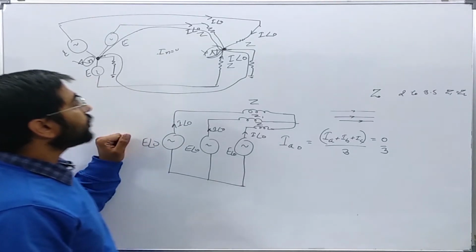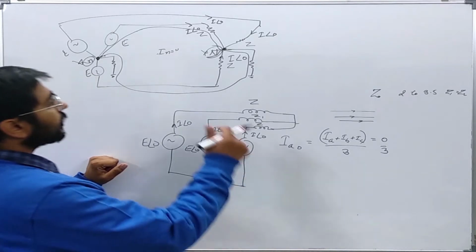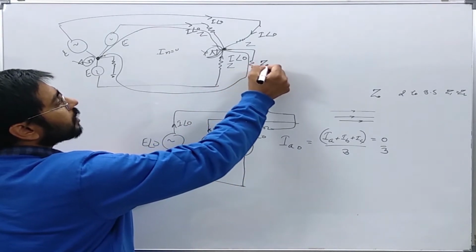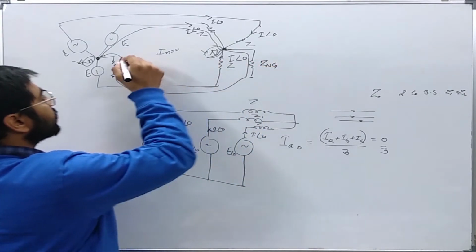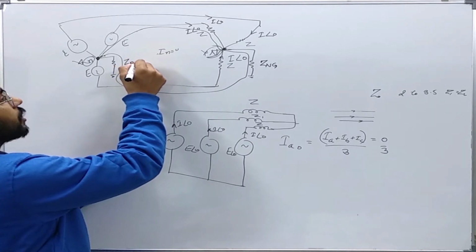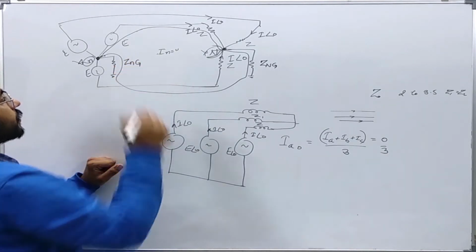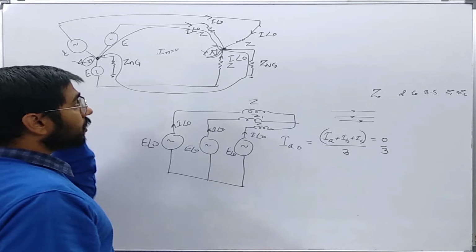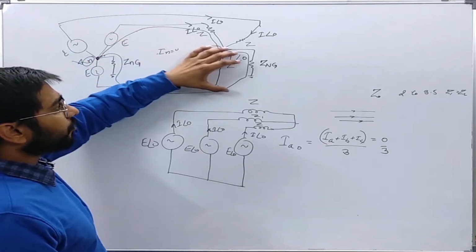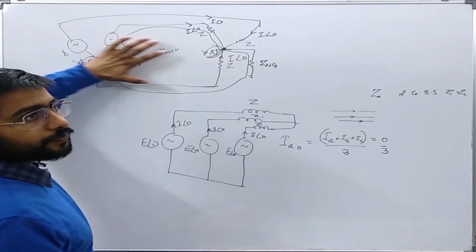Now you see that this is the neutral to ground impedance. Similarly, this is again neutral to ground impedance. Now the zero sequence currents are flowing into the ground also.